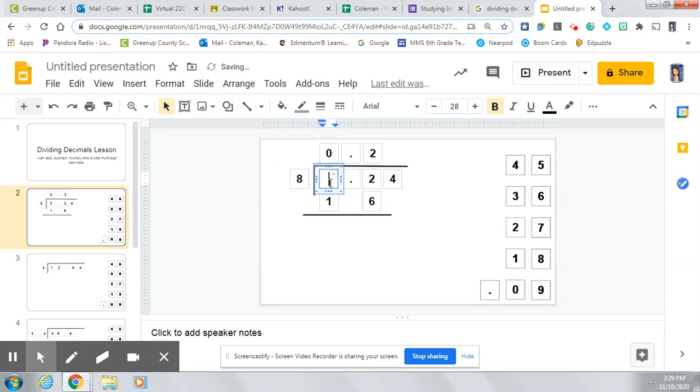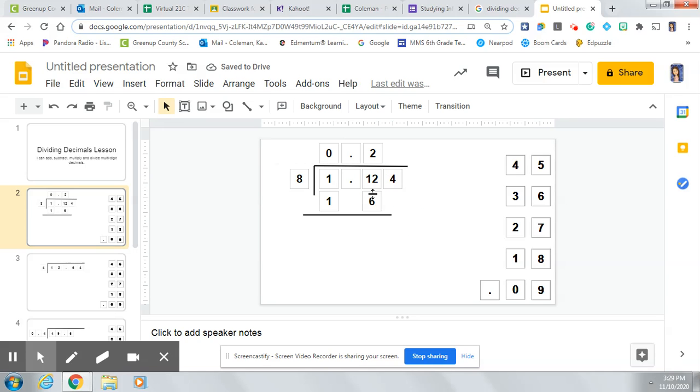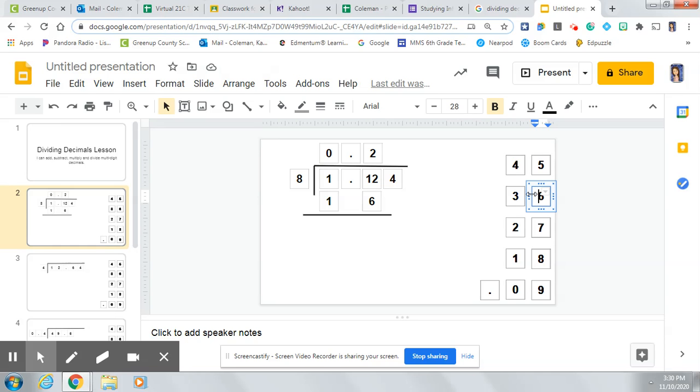So I'm going to make that 2 a 1, and then this 2 becomes a 12. Then I do 12 minus 6, and I'm going to get 6. One minus 1 is 0.